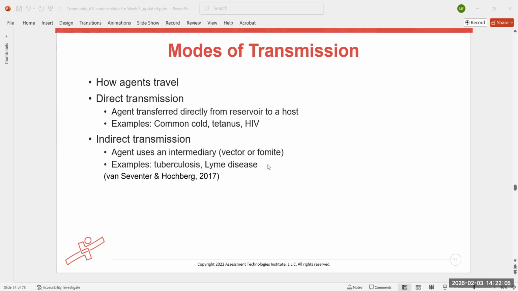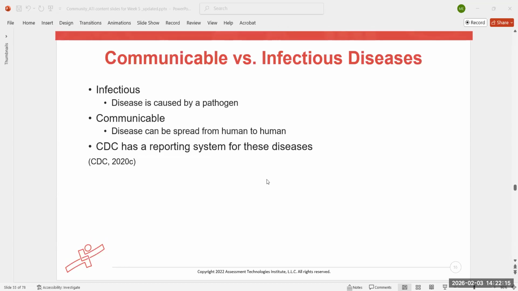I feel like last year there were a couple pockets of West Nile virus going around close areas. Then you have communicable versus infectious. So infectious, the disease is caused by a pathogen versus communicable disease is spread from human to human.